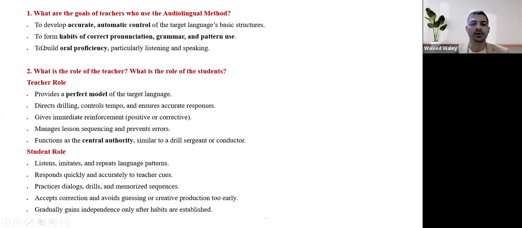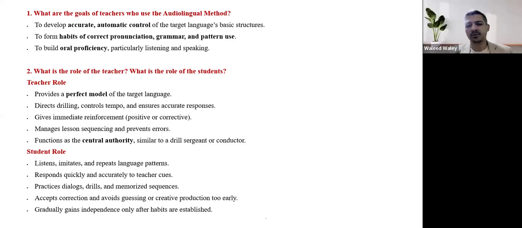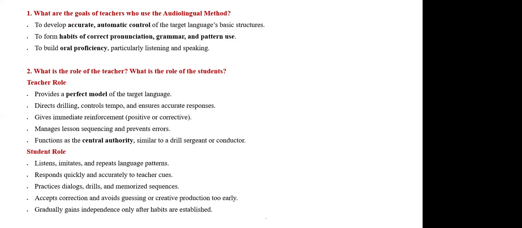And also to form habits of correct pronunciation, as you said, grammar and pattern use, and to build oral proficiency. What does oral proficiency mean? We are not writing anything, so we are doing everything while repeating orally. In other words, to speak fluently. To improve their speaking fluency.